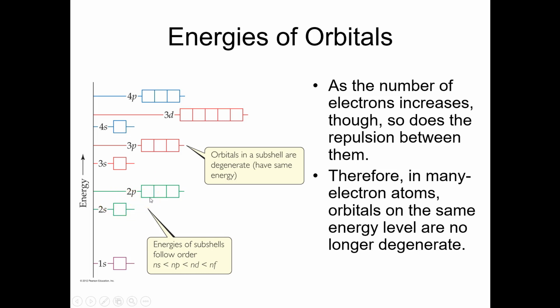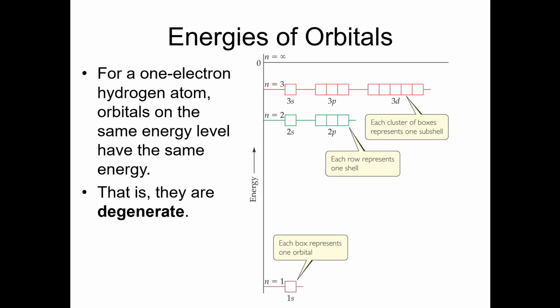And this, by the way, gives you some explanation of why the line spectrum of hydrogen is so clean. Because it doesn't matter if I'm promoting from the 1s, which is the ground state, up into the 3 or 4 or 5 level. It doesn't matter which orbitals it goes to at the 2 or 3 or 4. They're all degenerate with each other. So there aren't that many energy transitions in a hydrogen atom.